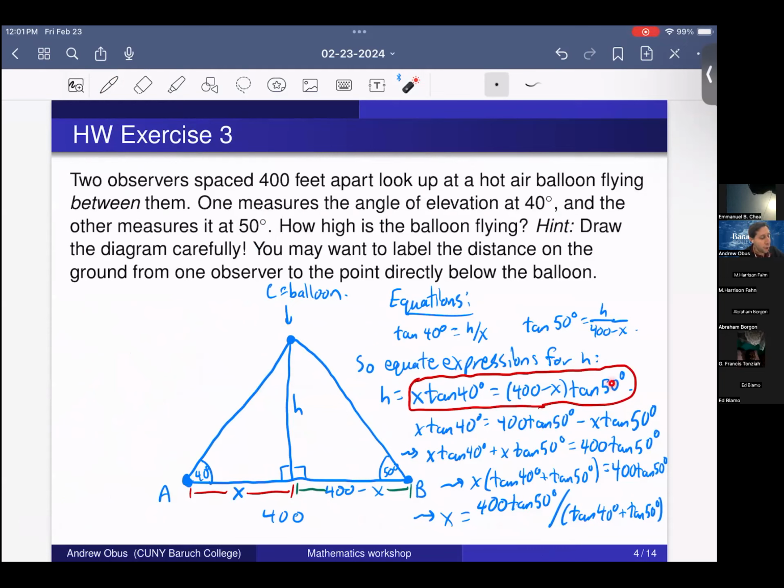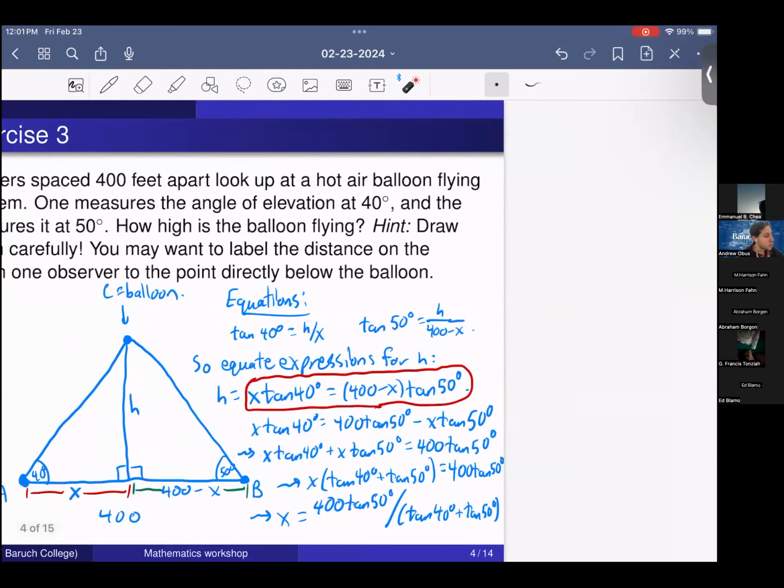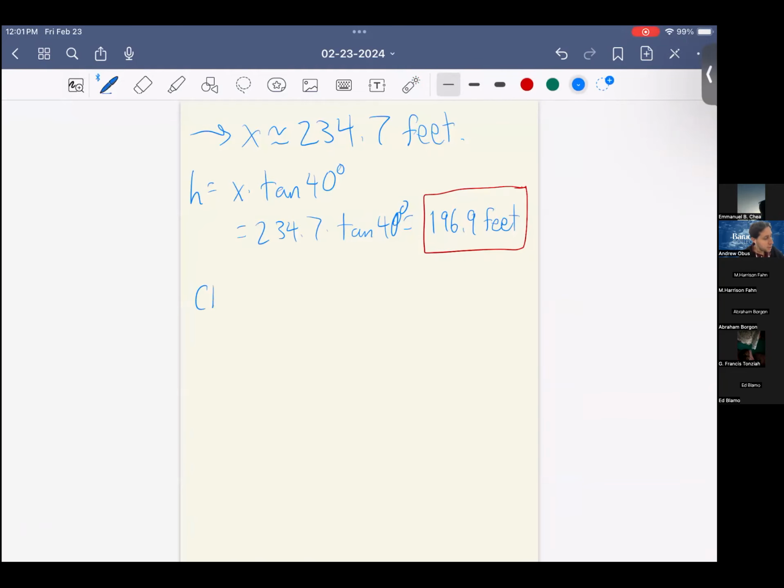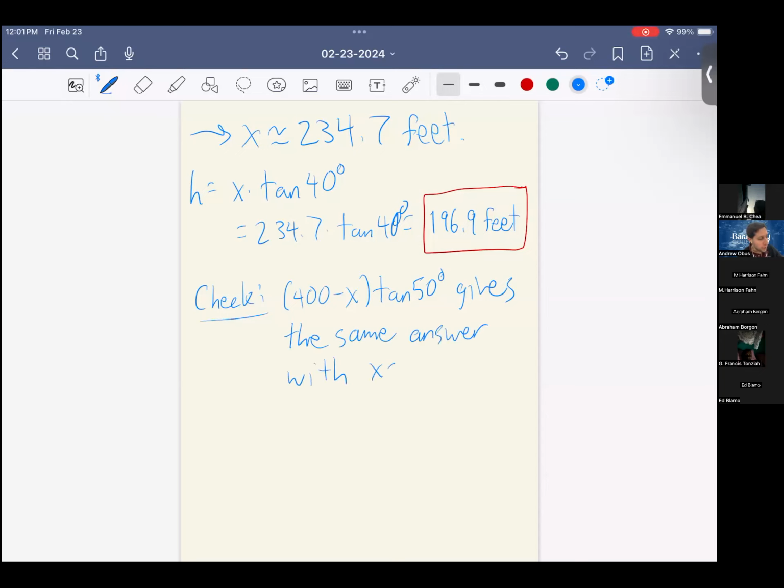And we could have also used this equation for h. If I plugged in x equals 234.7 feet here, did 400 minus that times tangent of 50, we should get the same answer for h. So this is a good check: that 400 minus x times tangent of 50 degrees gives the same answer with x equals 234.7.